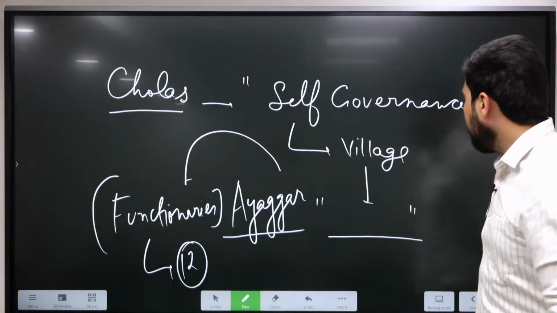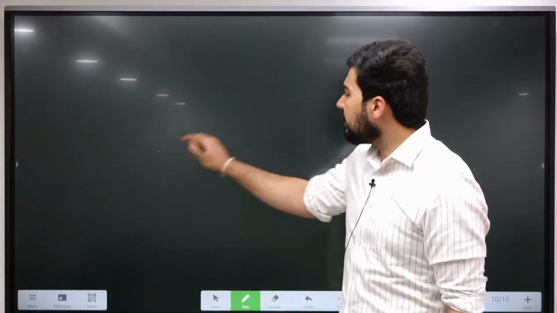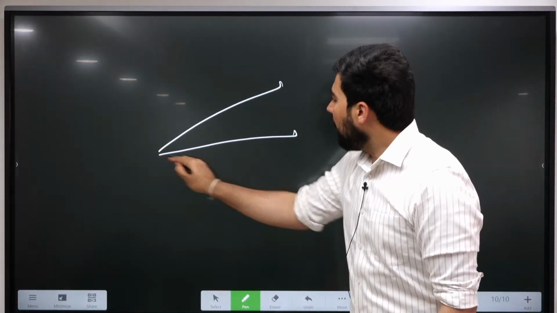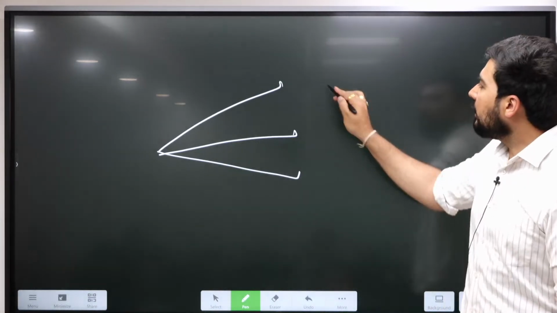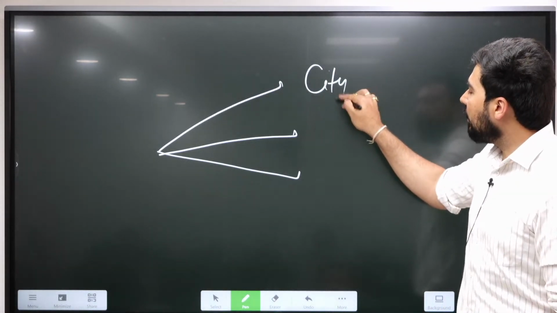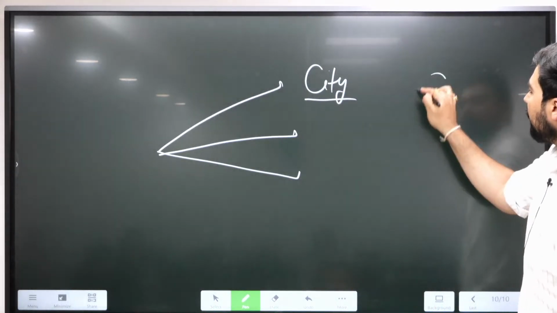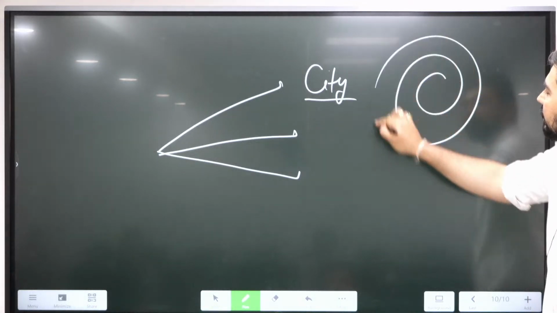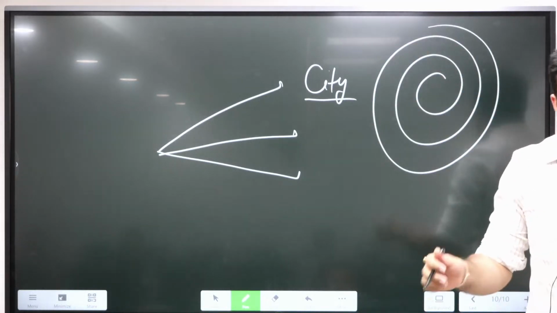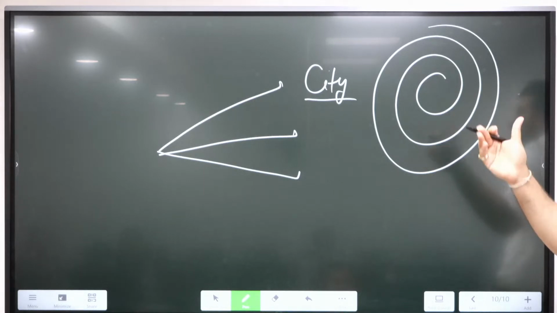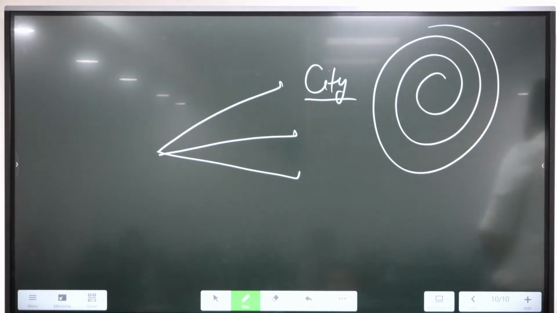Vijayanagar Empire had various kinds of important things, like the manner in which the city structure of Vijayanagar was created. It was having different kinds of defense layers. So that has been, yes, 7. Okay, so that has been explained by one of the travelers.